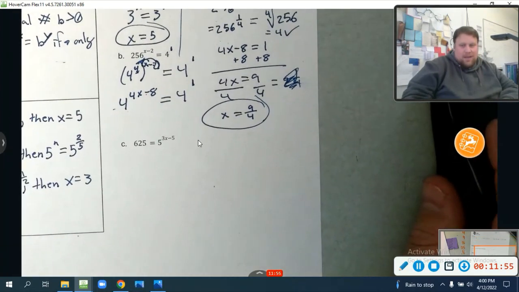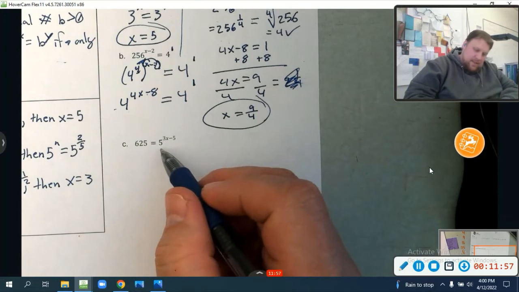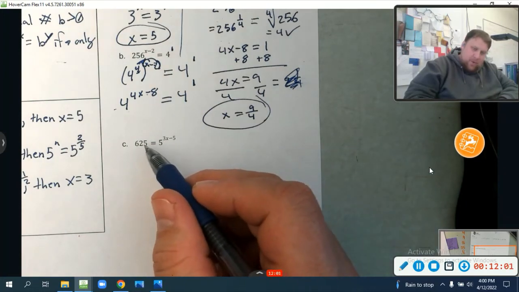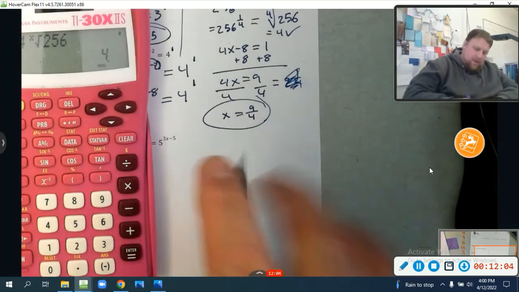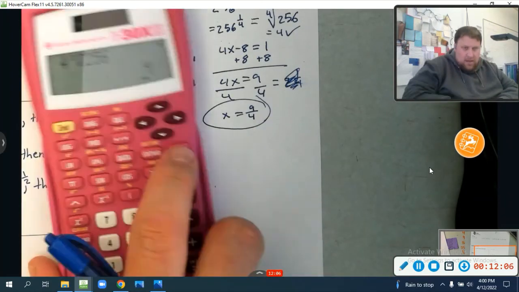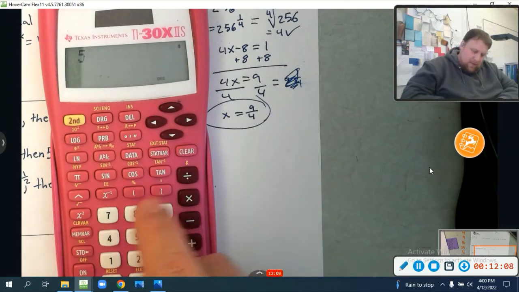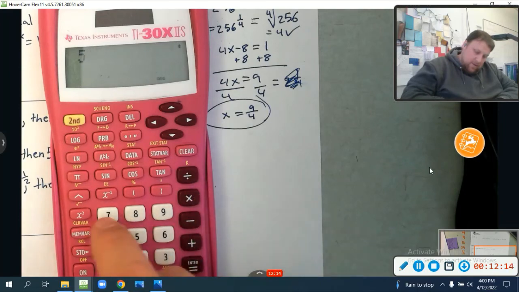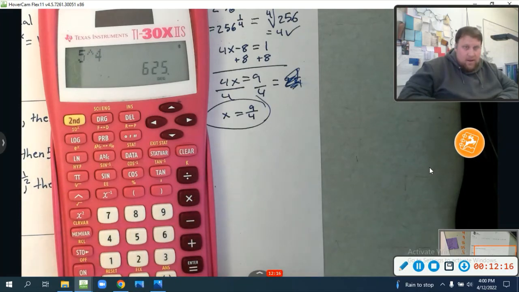All right, last but not least, 625 equals 5 to the 3x minus 5. Let's try that. I bet I can raise this to some power of 5. So that's going to be, let's try 5 up 3. No, but let's try 5 up 4. There we go, 5 to the 4th power.